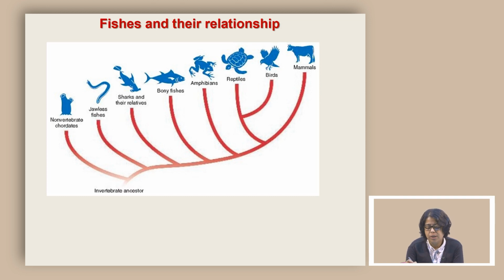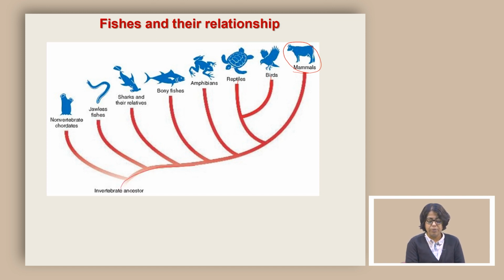We know that there are organisms called mammals, and these mammals are somewhat related to other organisms such as reptiles, birds, and then we also have something called amphibians, and these amphibians are also related to fishes.